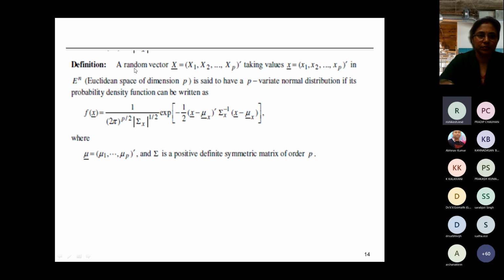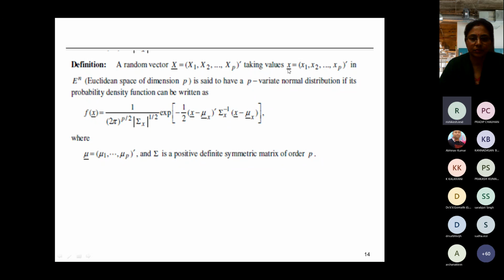This is the density function of the multivariate normal distribution. Suppose a random vector is x and its components are x1, x2 up to xp.